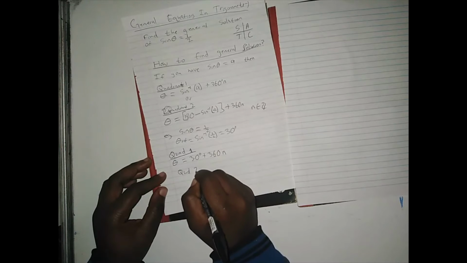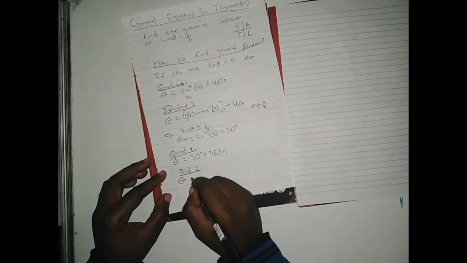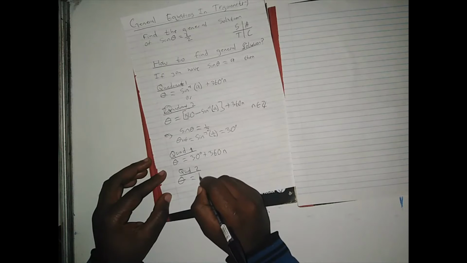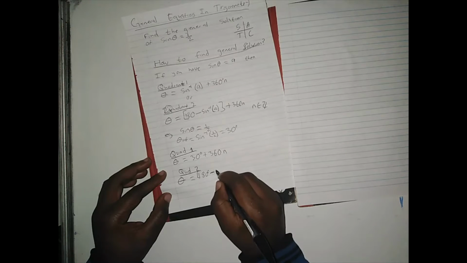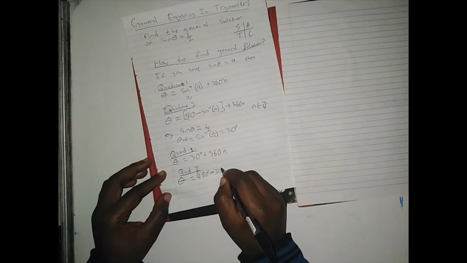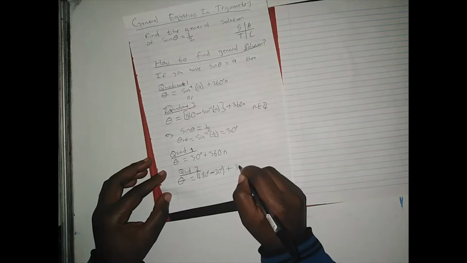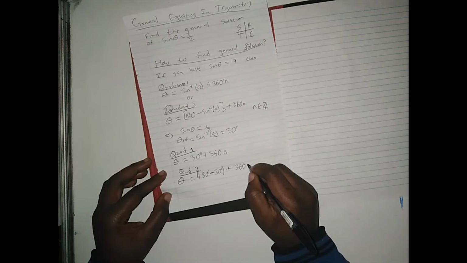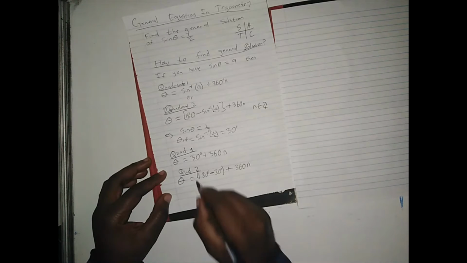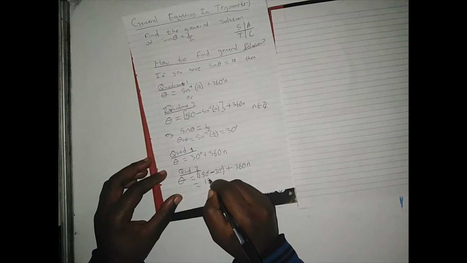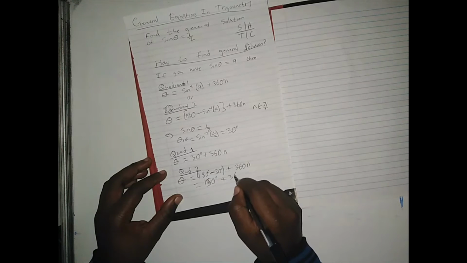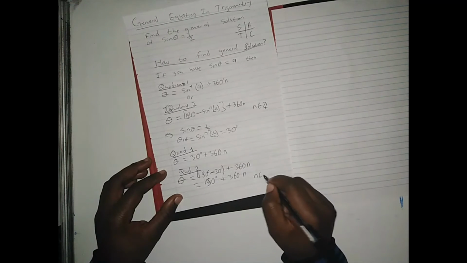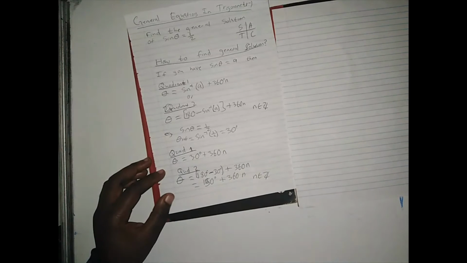In quadrant 2, you're going to have theta, which is equal to 180 degrees minus 30 degrees, and then plus 360 n. Okay, and then 180 degrees minus 30 is going to be 150 degrees plus 360 n, and then you've got n, which is an element of integers.